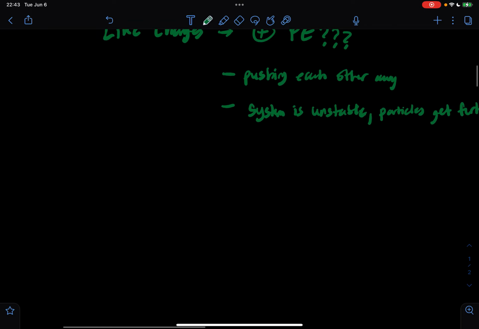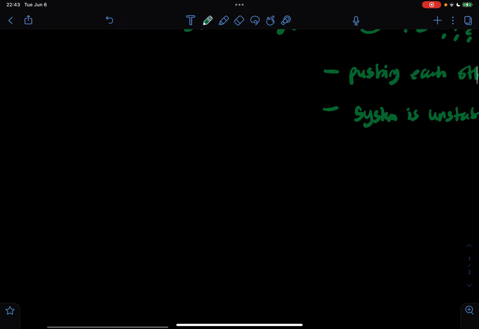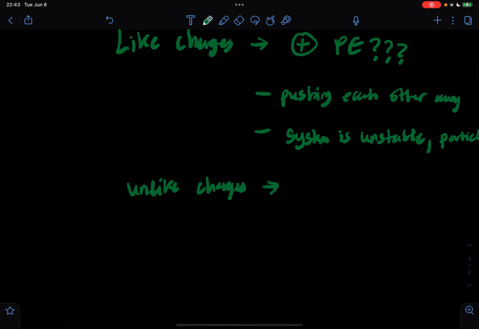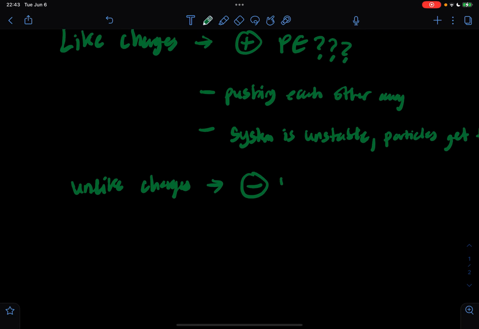All right, when two unlike charges interact, we get a negative potential energy. But what does this mean?